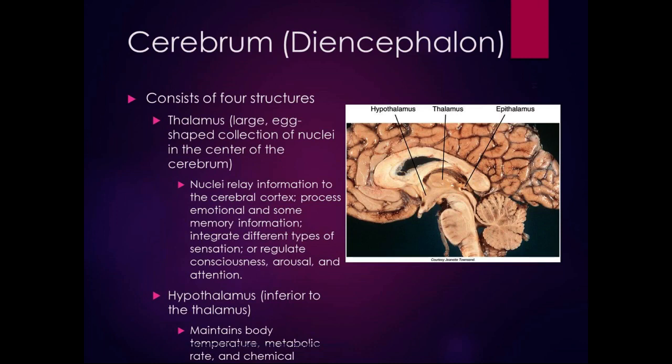I like the analogy of the thalamus being the cerebrum's executive assistant. So the cerebrum is the CEO, and the thalamus is the executive assistant. All of the calls that come in to the CEO, the executive assistant gets to decide what goes to the boss and what stays there.